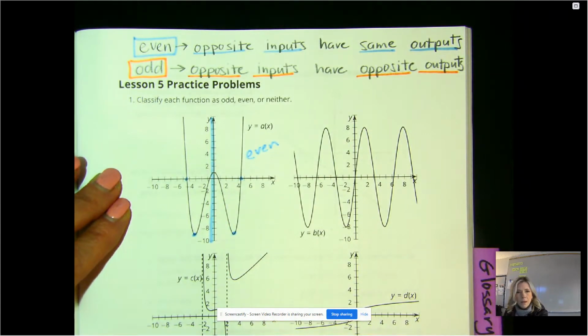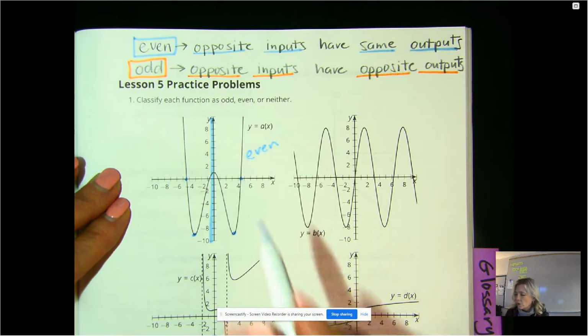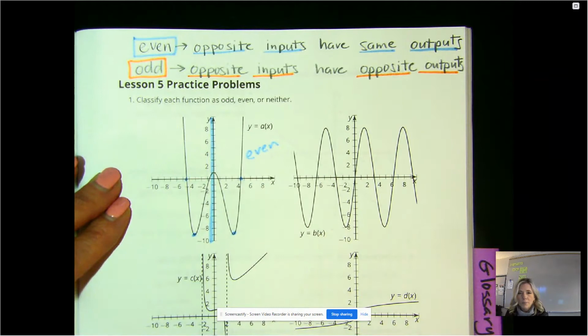The second one, I can tell right away it's not going to be even because I don't see symmetry across the y-axis. So then I have to think about whether it could be odd. Do the opposite inputs have opposite outputs?